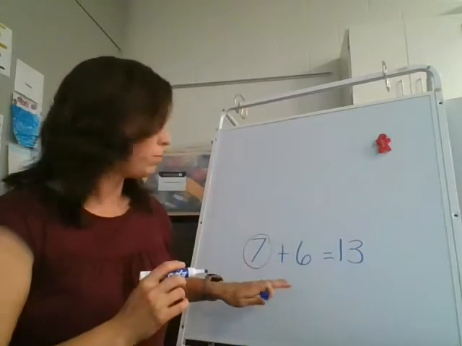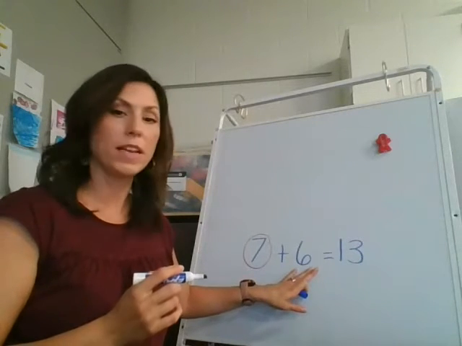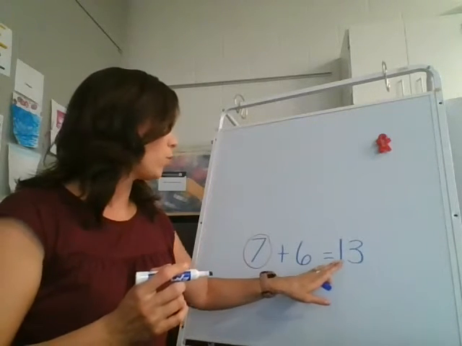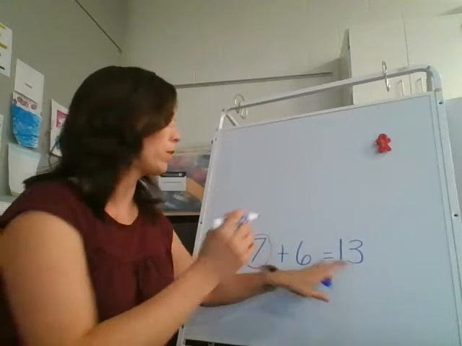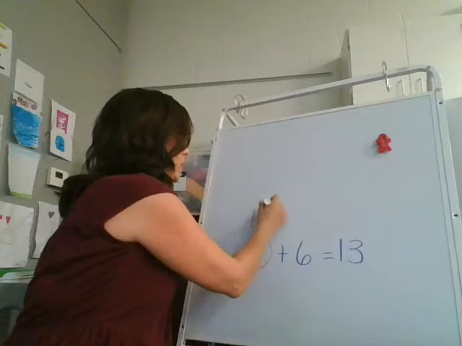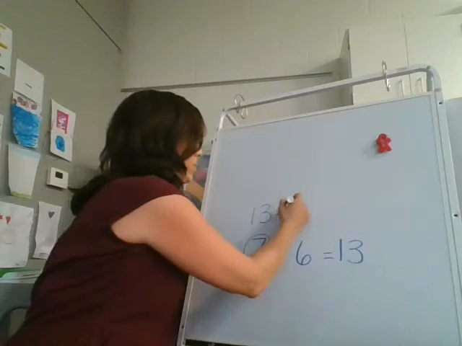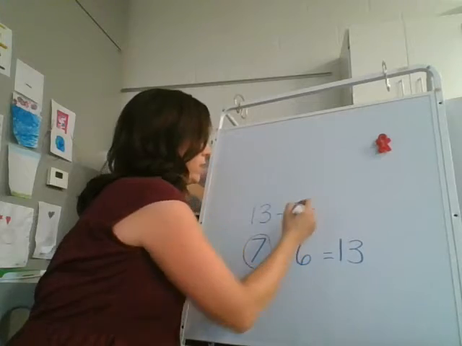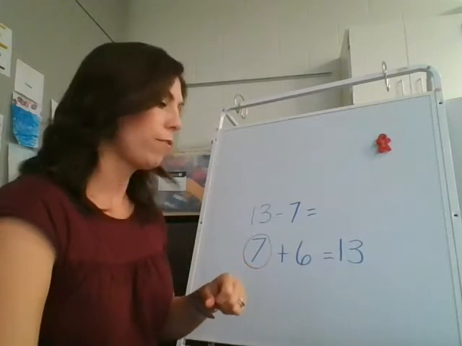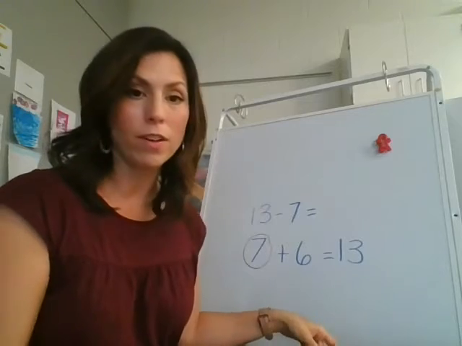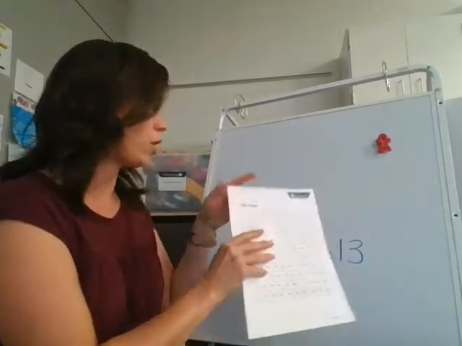And let's just make sure that these numbers are all related. We can check our work by subtracting. So this time let's start with 13 because that's the biggest number. Let's try to subtract 7 first and see what we get. We should get 6 if we did it correctly. I don't have enough linking cubes here, but I'm going to use my 100 number chart.